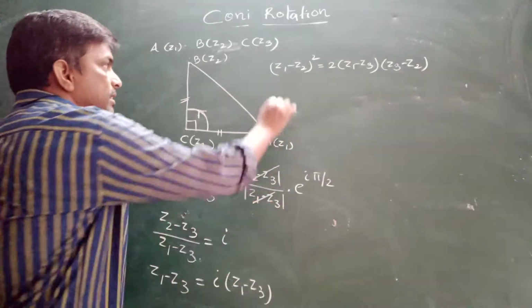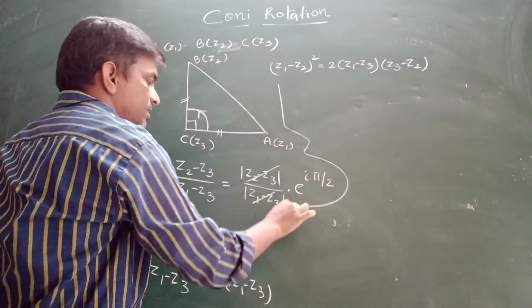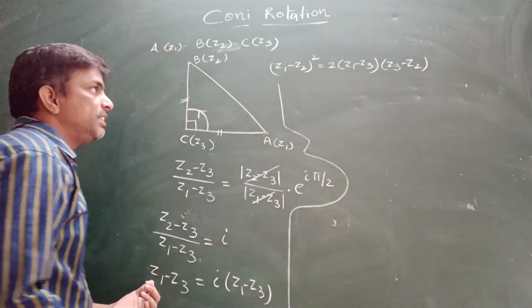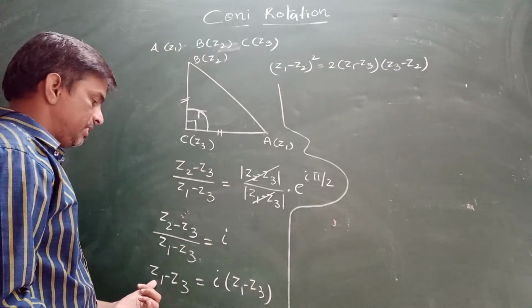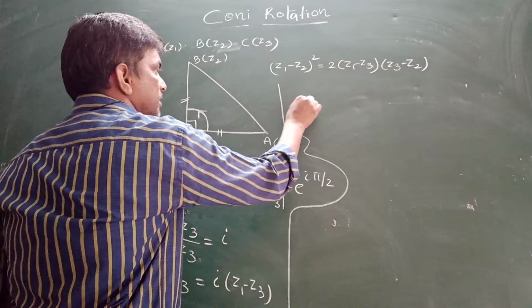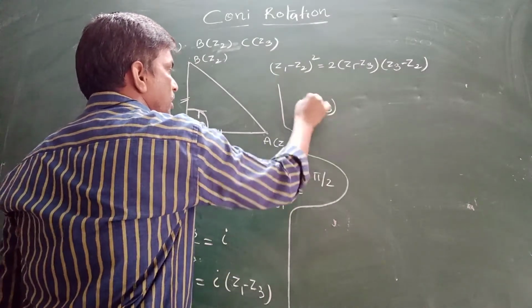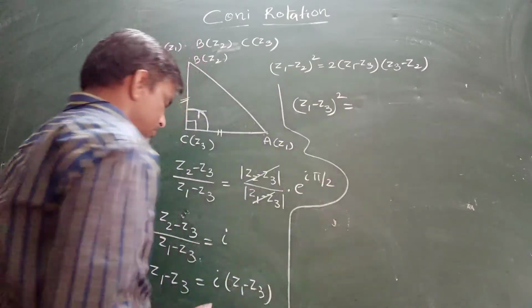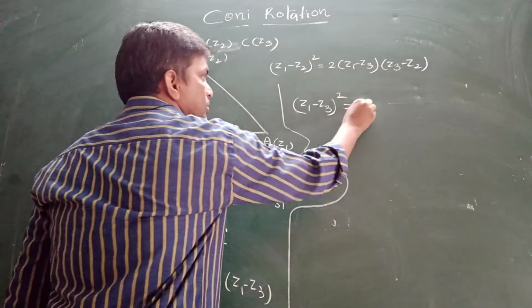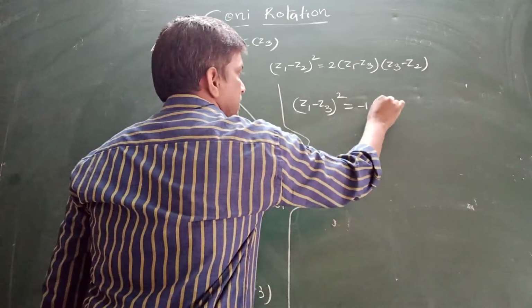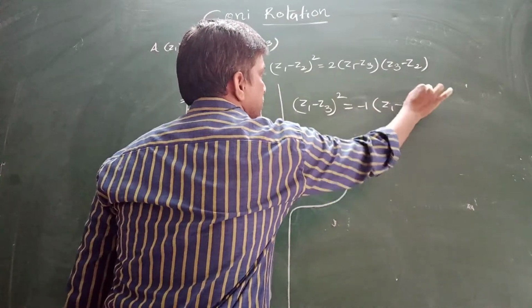Now go for squaring on both sides. Z2 minus Z3 whole square is equal to iota square, which is minus 1, times Z1 minus Z3 whole square.